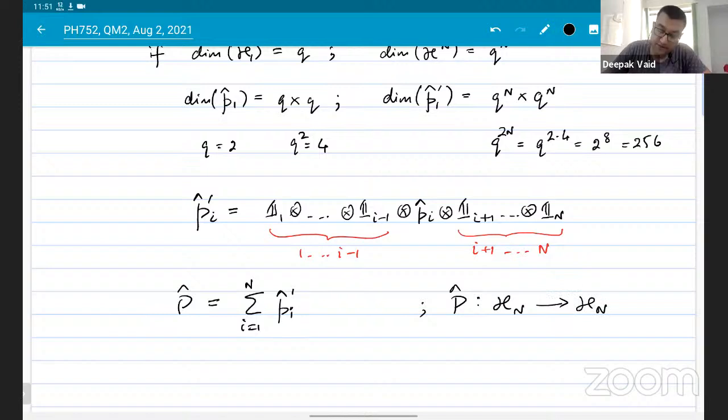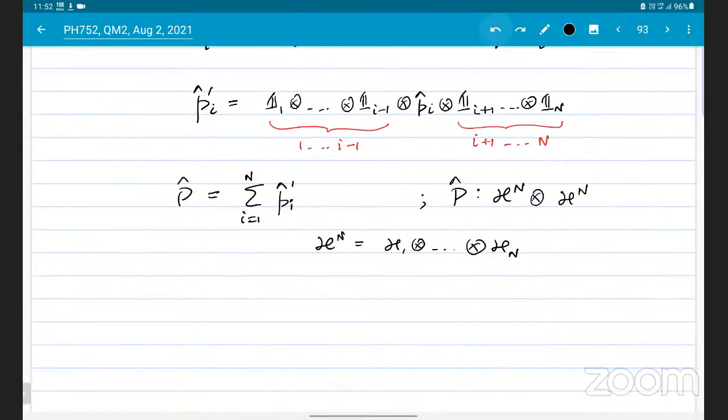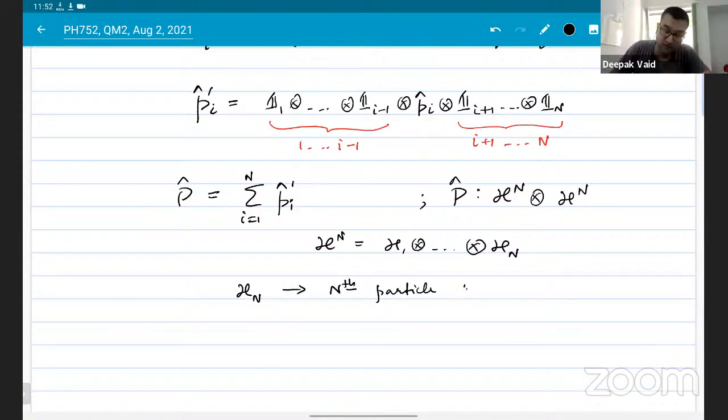Hn to H. What this tells you is that P takes a state in Hn, again, therefore, it's Hn. Okay, so please don't get confused between these two notations.